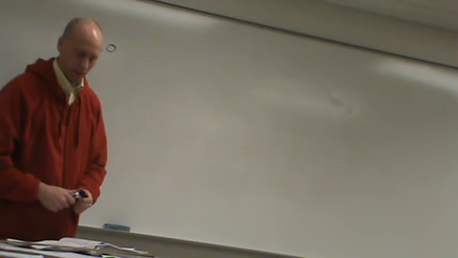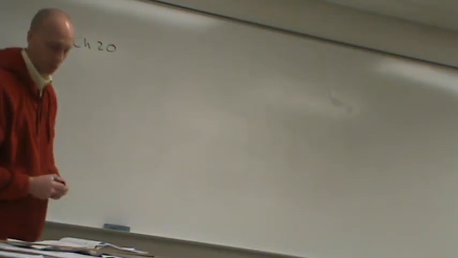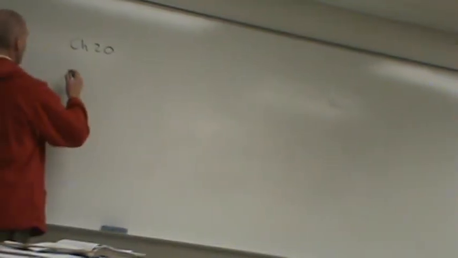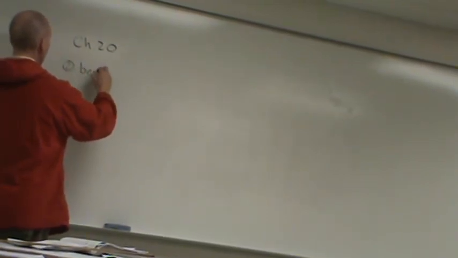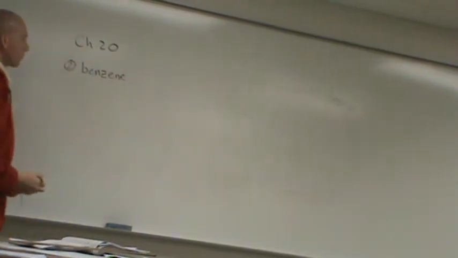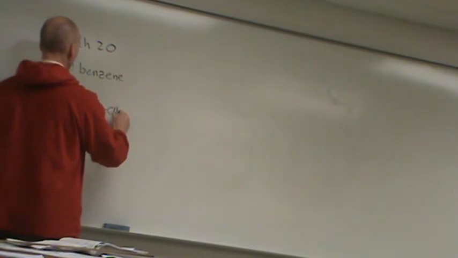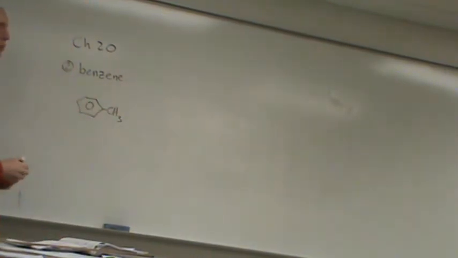Okay, let's look at a second reaction. This one is by way of review. This is where we have an alkylated benzene ring. So we have some alkyl group on there, like a CH3 with toluene.